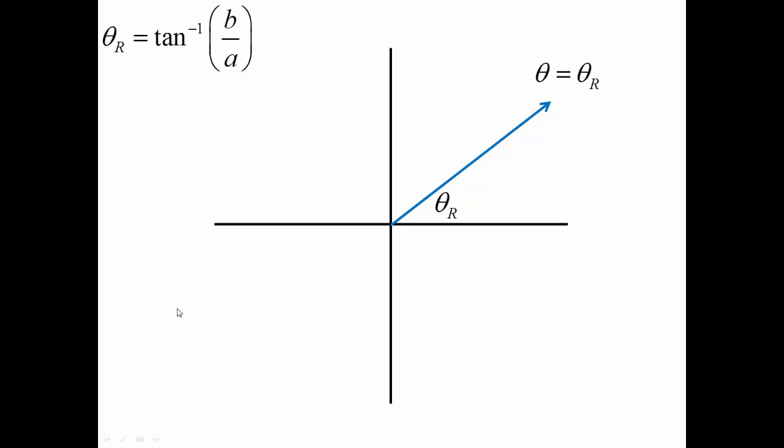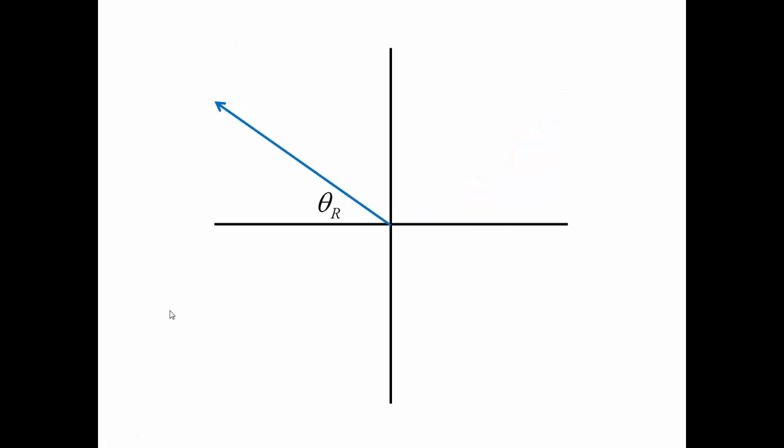It's when I'm in other quadrants that I really have to worry. So if I'm in the second quadrant, my component form, my a value would be negative, my b value would be positive. Well, if I take the inverse tangent of b over negative a, so if I take the inverse tangent of a negative number, I'm going to get a negative answer as my result.